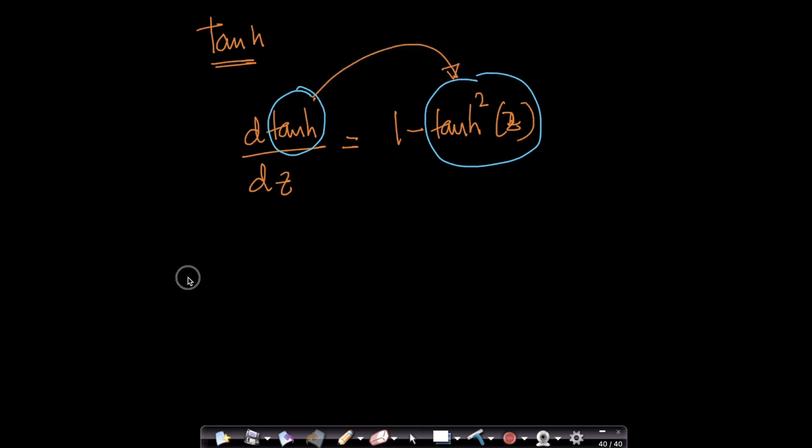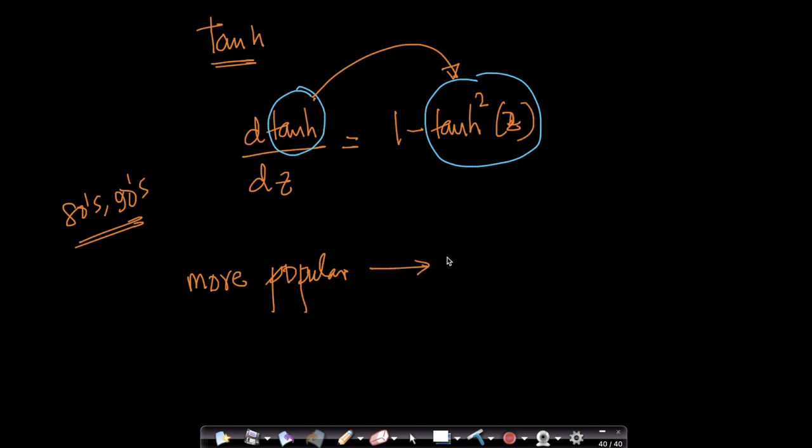Even though tanh and sigmoid were very popular in the 80s and 90s, the more popular activation functions right now are called ReLUs. We will understand ReLUs in a lot of detail, and why we needed to come up with the concept of ReLUs, in the next chapter, where we learn more modern techniques.